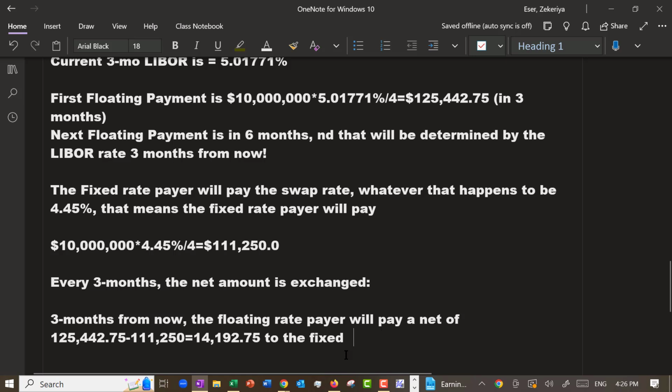If you end up finding that number to be negative, that means you're reversing the direction of the payment. You can't pay negative numbers. You're receiving the positive version of that. That's pretty much the setup for a swap.